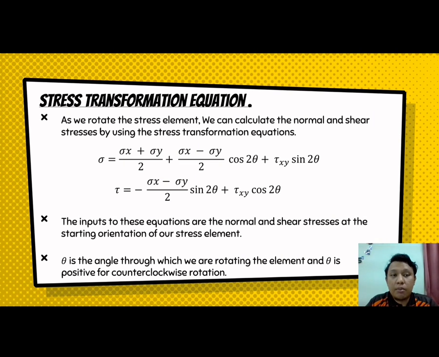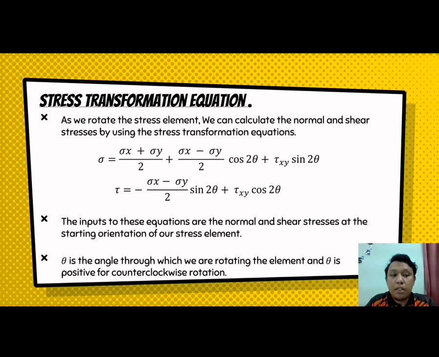This slide is about the stress transformation equation. As we rotate the stress element, we can calculate the normal and shear stresses by using the stress transformation equation as provided in this slide.